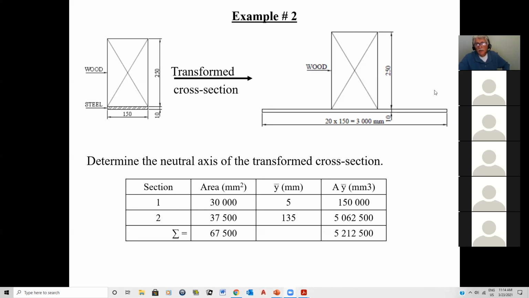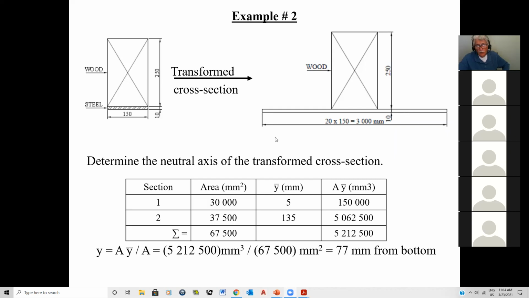We had a neutral axis of 77 millimeters from the bottom. Look at this. When we transform everything into wood, guess what? The neutral axis is 77 millimeters from the bottom. So the neutral axis will not change no matter what material you're transforming to, and it should be that way. Therefore I have exactly the same location for my neutral axis. Of course, that's the only thing that doesn't change. Your moments of inertia are going to change drastically because your areas are much bigger.